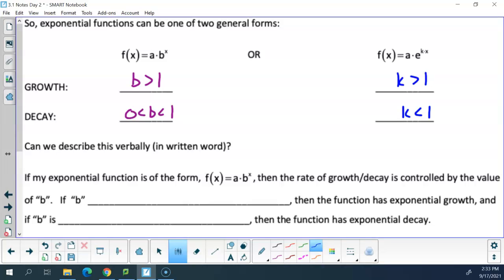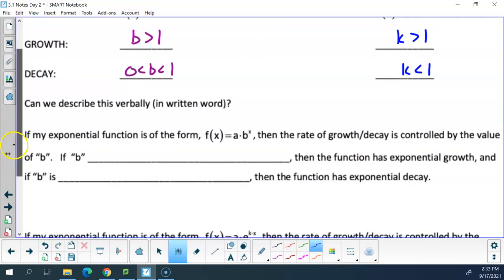Okay. Word me. I like words. My exponential growth is of the form f of x equals a times b to the x. Then the rate of growth or decay is controlled by the value of b.